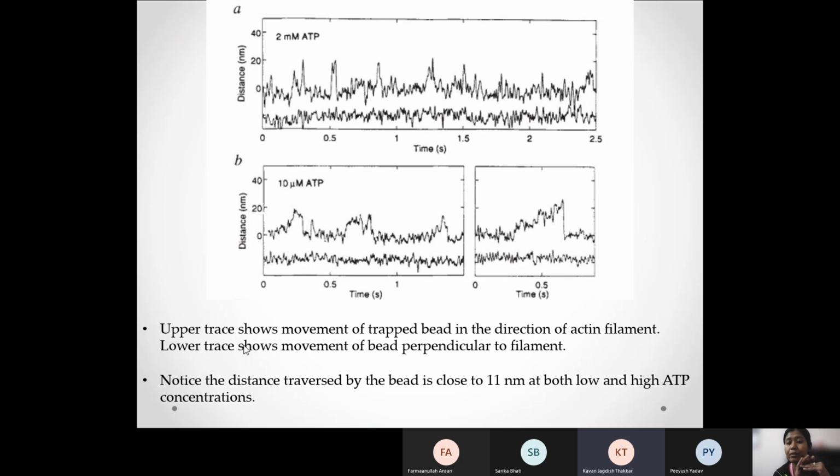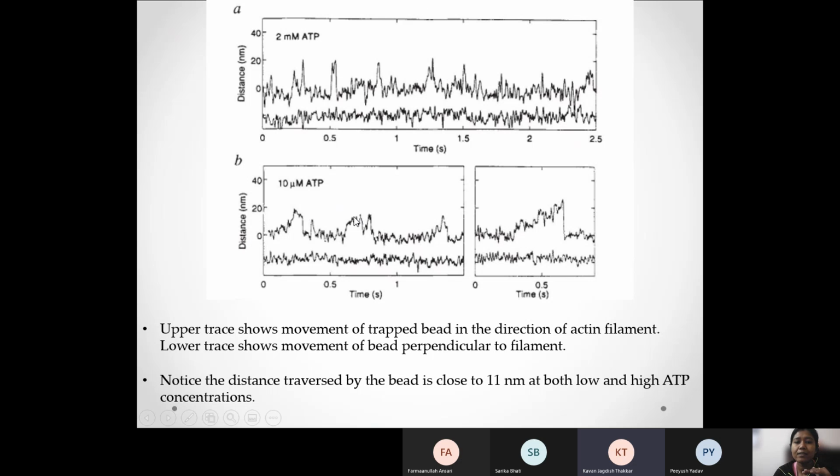So what would happen if you decrease the amount of ATP or you increase the amount of ATP? This is exactly what they did. They did this entire experiment at 2 millimolar ATP or 10 micromolar ATP. What they found was that if you change drastically the amounts of ATP, lower it too much or increase it to the maximum amount possible, you do not see a change in the distance that is traveled.